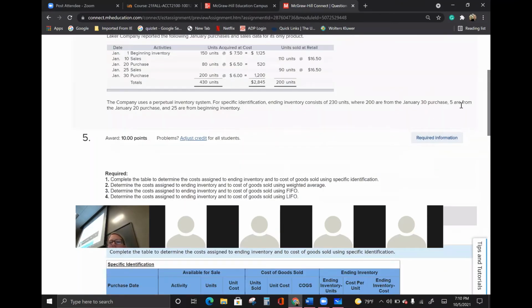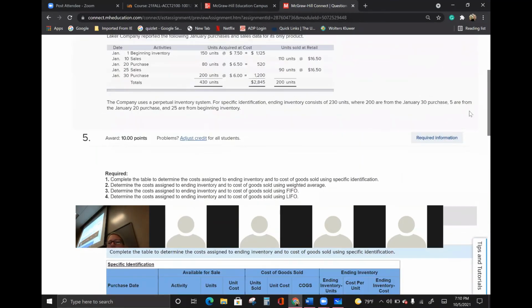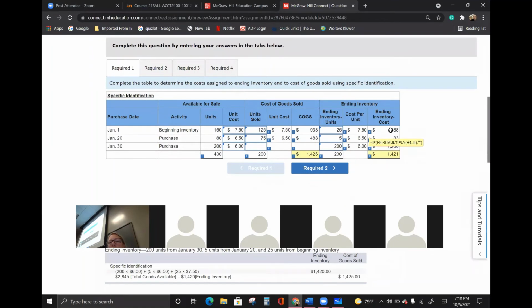I have 5 that are from the January 20th purchase. So I'm looking at January 20th. I have 5 left that were at 650. So here's my 5 at 650. Calculate that out. And I have 25 that are from the beginning inventory. So 25 at 750. Calculate it out. So here's my ending inventory.